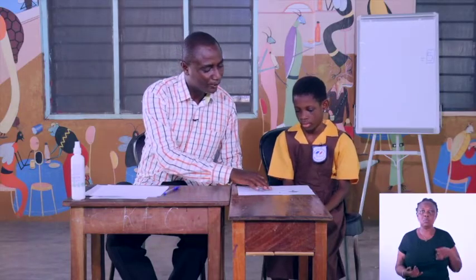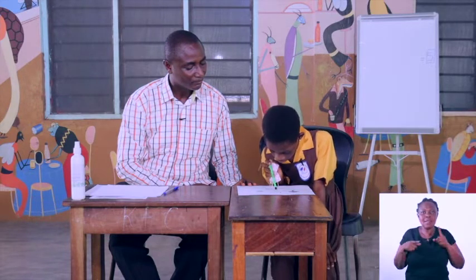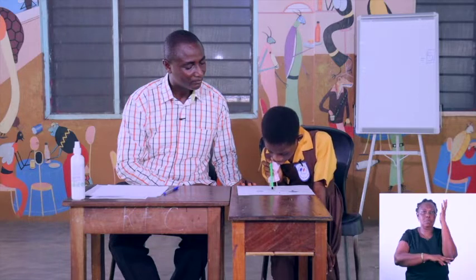Okay. Now, I want you to read this place for me. I hope you can see it. Yes. Good. Read. I am Sam the big monkey. I live on a big tree behind the school.